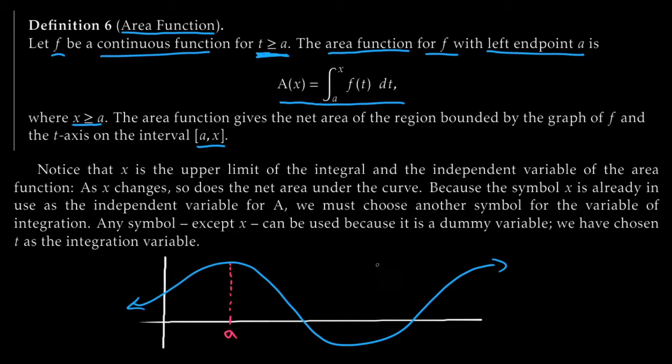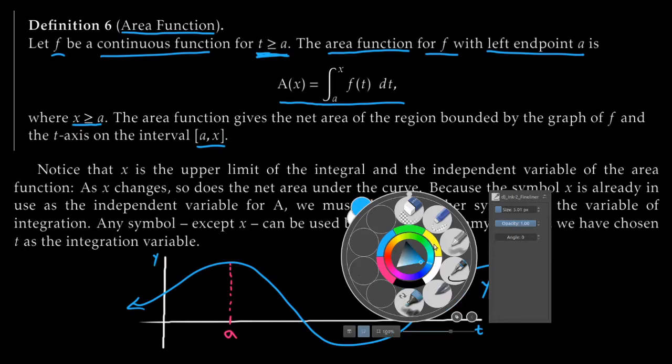The idea is that this is y equals f of x, or f of t, whatever you want to call it. Let's keep it consistent and call it f of t, so that this is the t-axis and this is the y-axis.